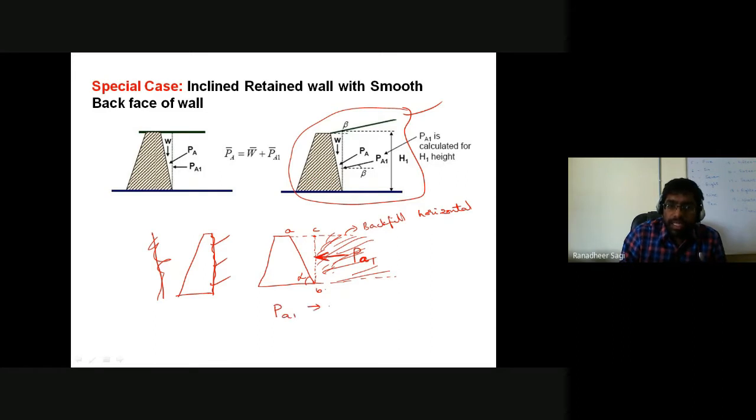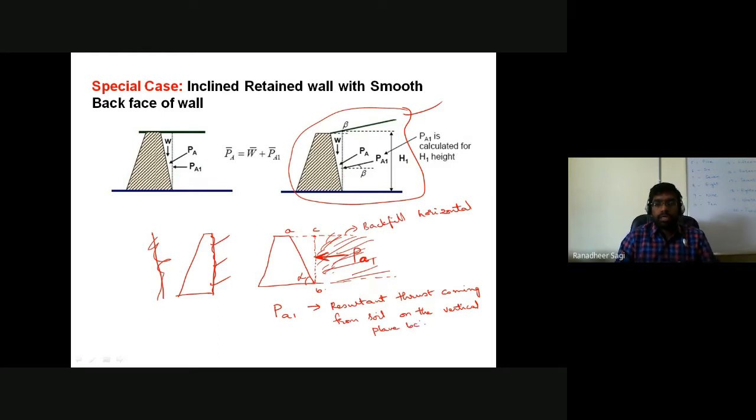PA1 indicates the resultant thrust coming from soil on the vertical plane BC. Earlier, that vertical plane BC was nothing but the vertical surface of your retaining wall.